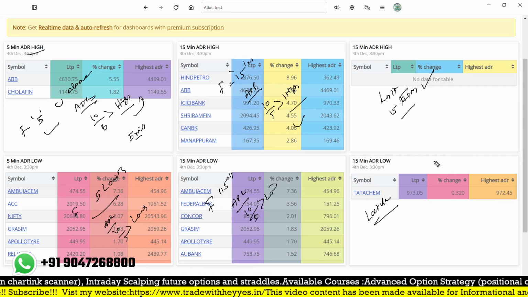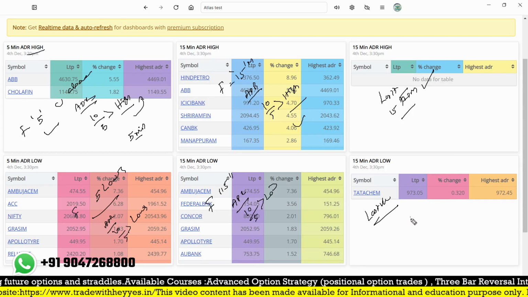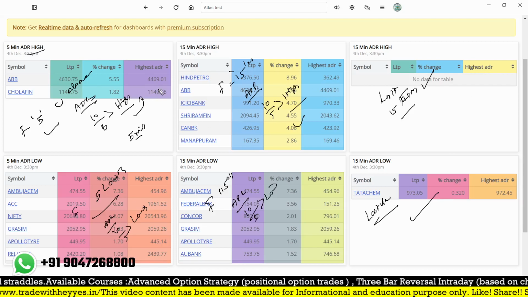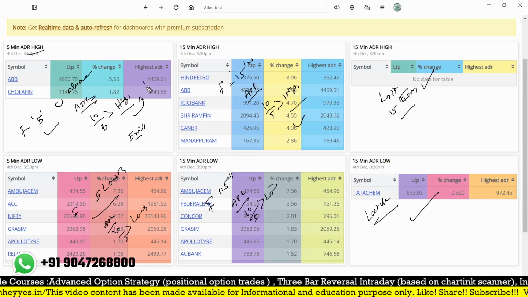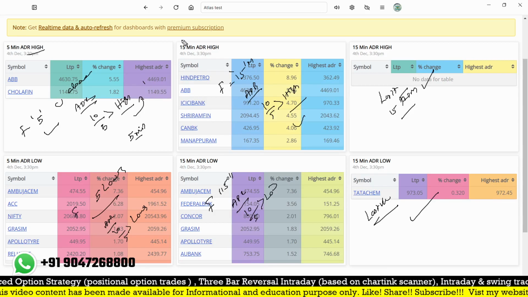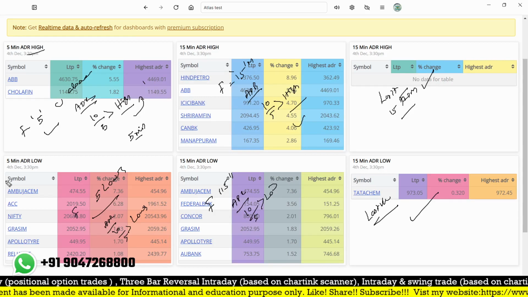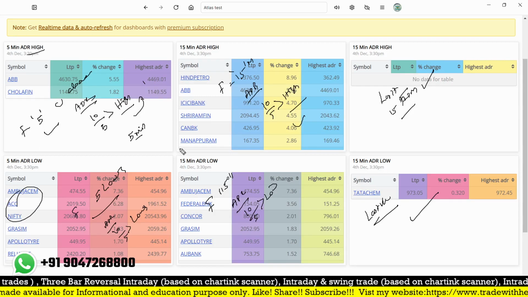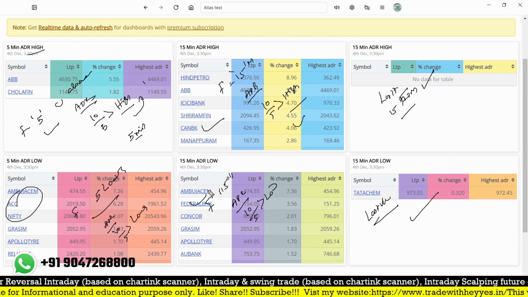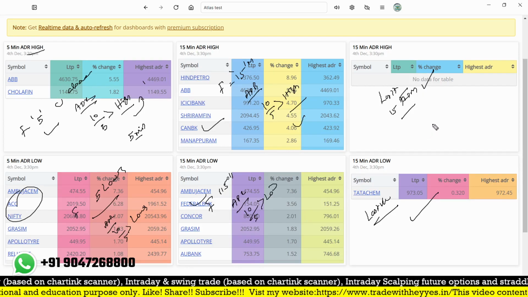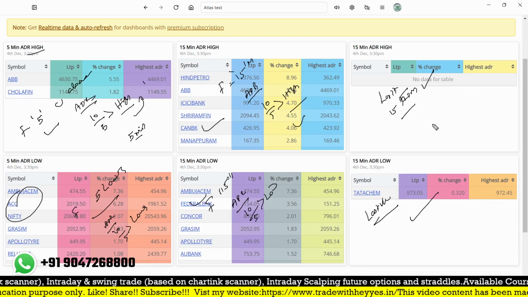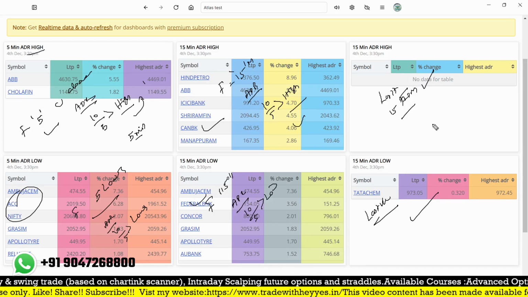Every 15 minutes, if a stock satisfies this condition, it will show on the list. But these two, once set in the first 5 minutes, never change. Throughout the day the stocks remain the same here, and here too, and the first 15 minutes list will never repaint. But for this one, every 15 minutes, any stock which satisfies that condition will be listed here.